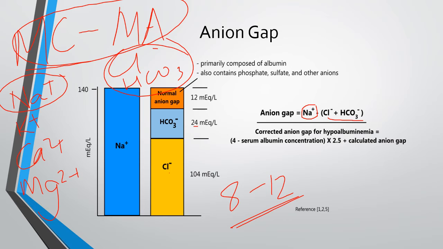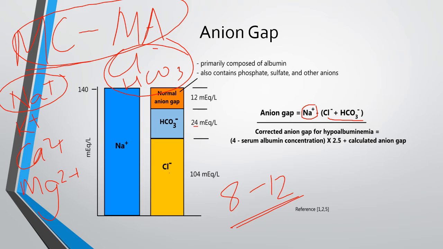All right. One more thing to remember when calculating an anion gap is that we have to correct it in case of any hypoalbuminemia, because the unmeasured anion is predominantly anionic albumin.